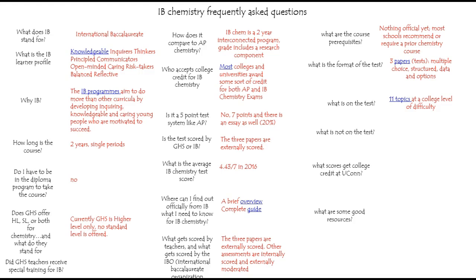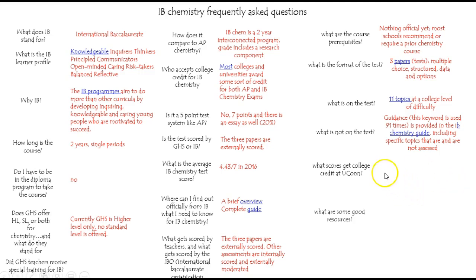What's not on the test? Oh, such a good question. If you're wondering whether you should be studying a particular topic or not, I advise you to take a look at the IB Chemistry Guide, and you may even want to search for the keyword guidance. That is the key term they use to give specifics about what is and is not assessed.